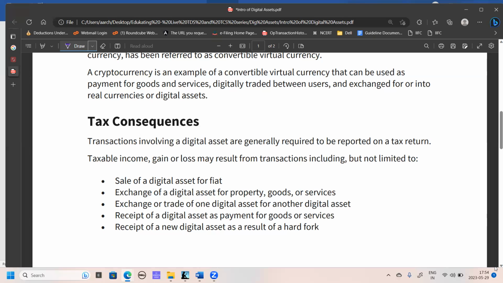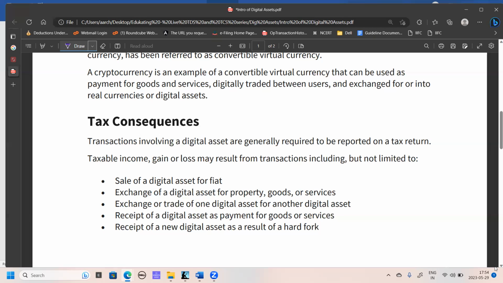Receipt of a digital asset as payment for goods or services. For example, I'm giving my services to Edukating, and Edukating is going to pay me in Bitcoin. So I can use this as a receipt also.